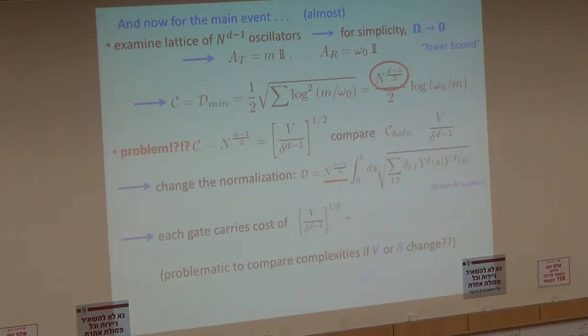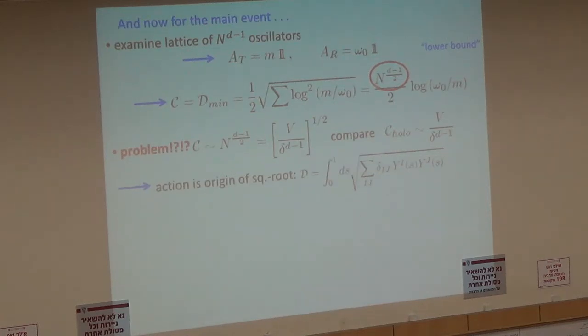Instead, I'd like to make another proposal, which starts with the question, where did that square root come from? Well, it came from our cost function. It came from that square root in the geodesic equation for action. So let's get rid of the square root. A better choice would be one where I just have a particular sum. This is our original set of cost functions.